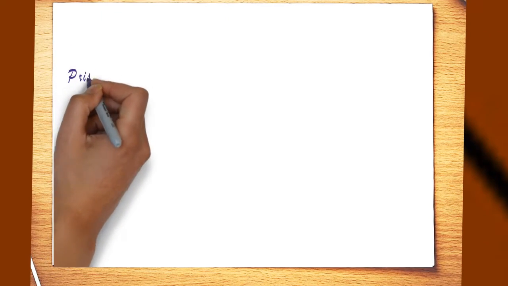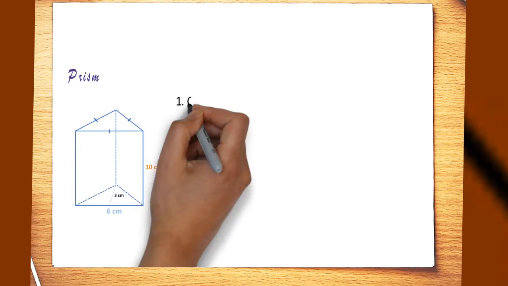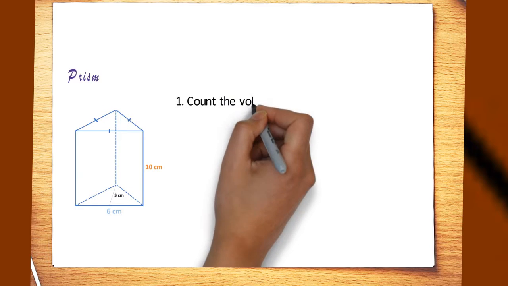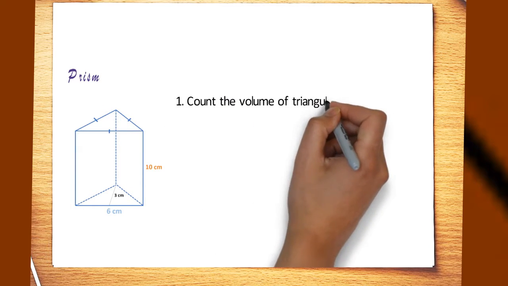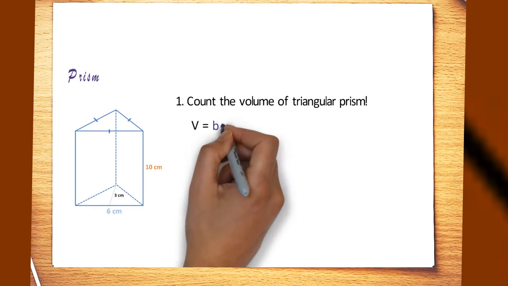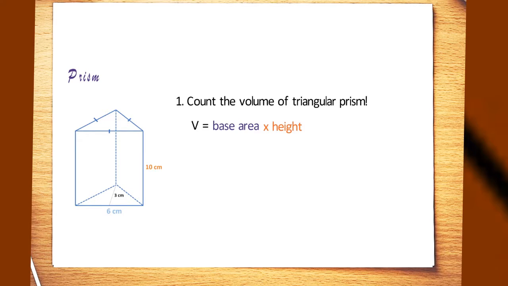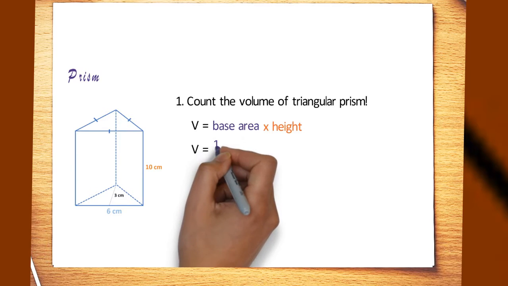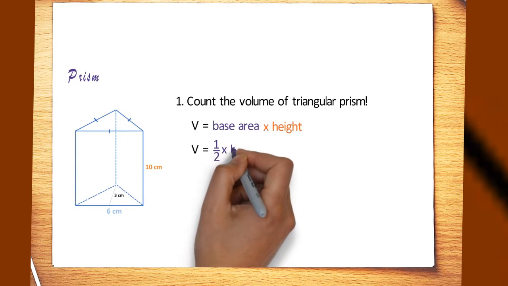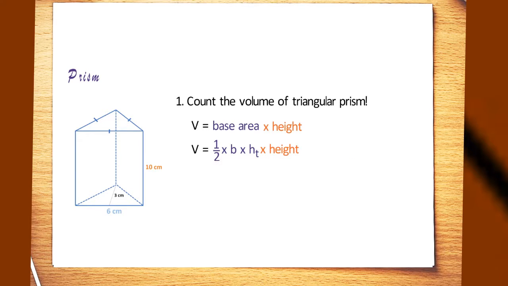Let's learn about the example of a prism. We have a prism here in which the base is 6 and the height is 10. The question is, count the volume of the triangular prism. The volume is equal to base area times height. It's equal to half times b times ht times height.